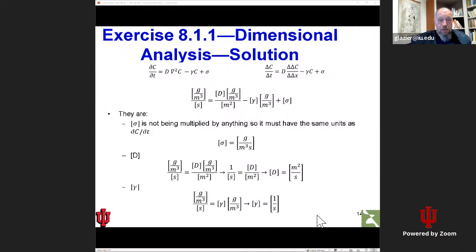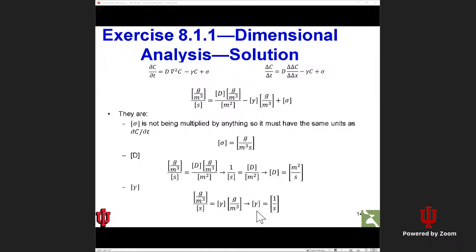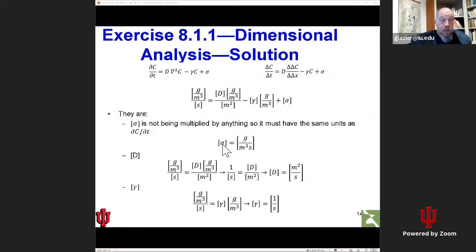Right. You have three things to play with: sigma, D, and gamma. The only ones that have meters squared are sigma, which I'm not allowed to use, D, and gamma. I've ruled out sigma. That leaves me with D and gamma. There's no way to combine D and gamma that gets rid of the meters squared.